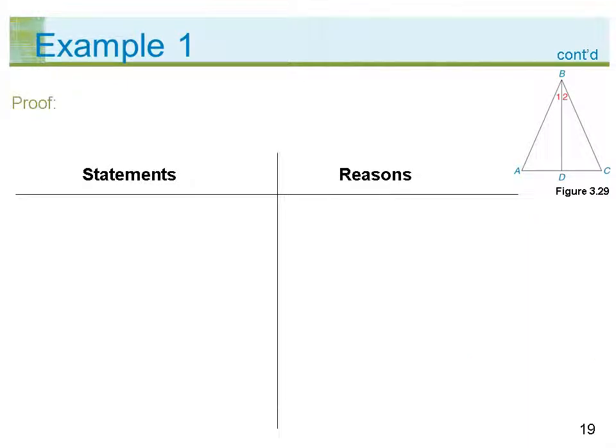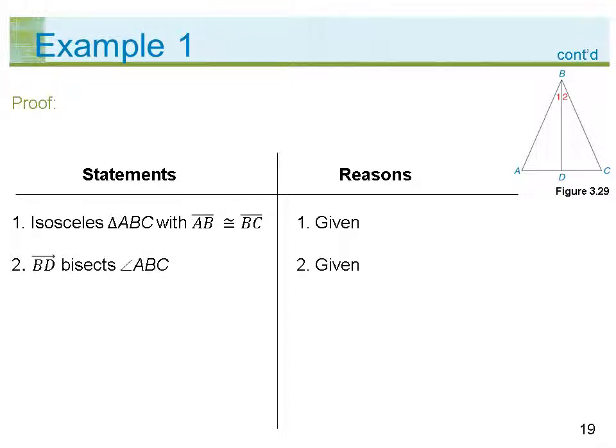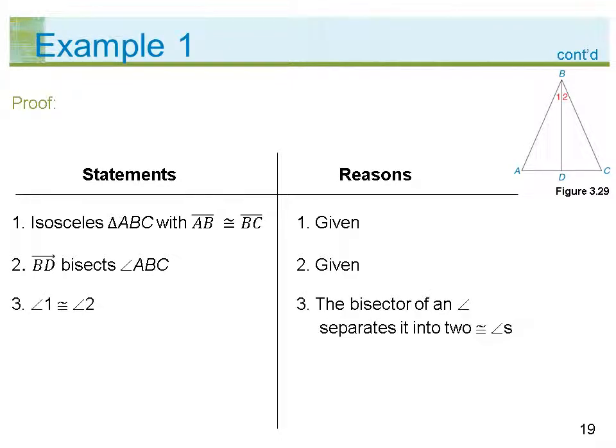Proof. Statements. Reasons. Statement 1. Isosceles triangle ABC with segment AB congruent to segment BC. Reason 1. Given. Statement 2. Ray BD bisects angle ABC. Reason 2. Given. Statement 3.